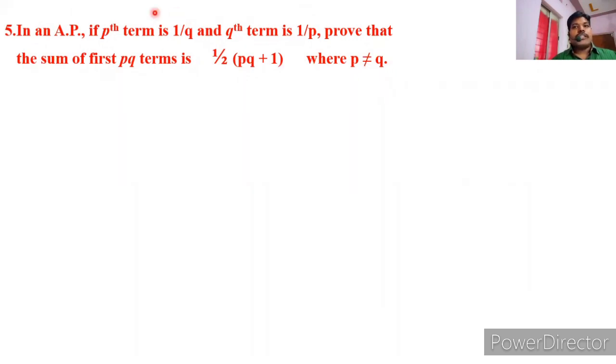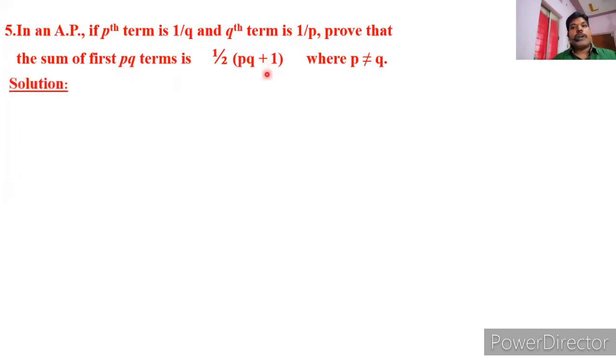So the question is, in an arithmetic progression, the pth term is 1 by q and the qth term is 1 by p. They are asking to prove that the sum of first pq terms is 1 by 2 into pq plus 1.